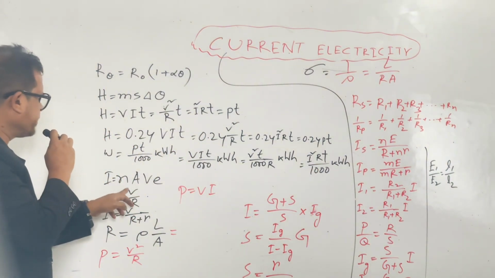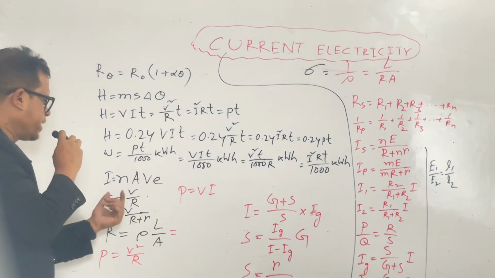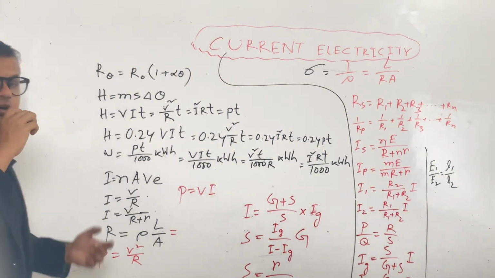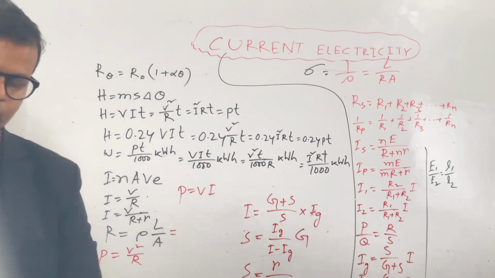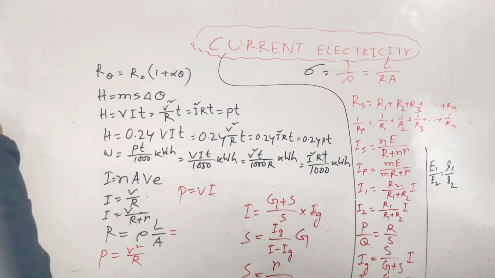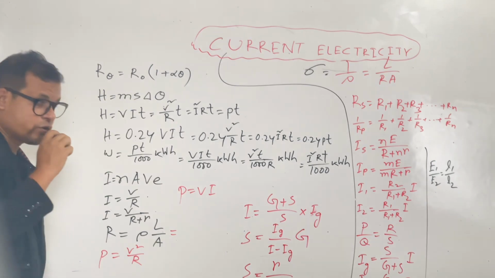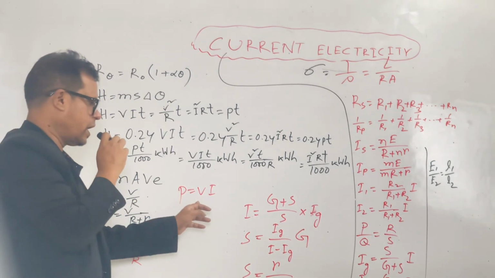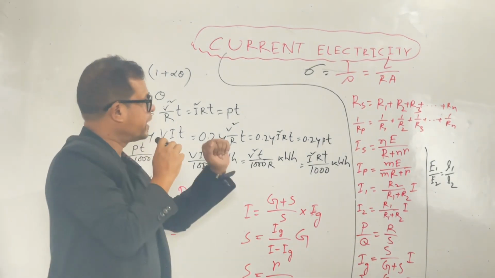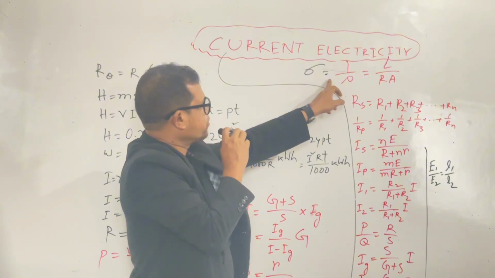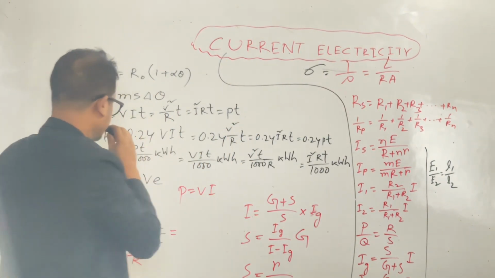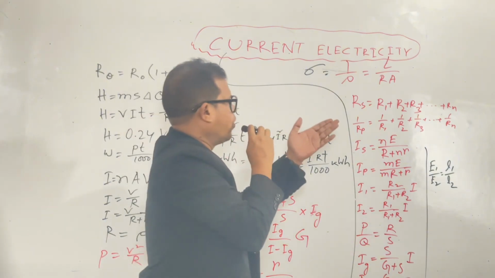I equals neAvd. I equals V over R, I equals V over R plus small r. R equals rho L over A. P equals V squared over R equals VI. Sigma equals 1 over rho equals L over RA.